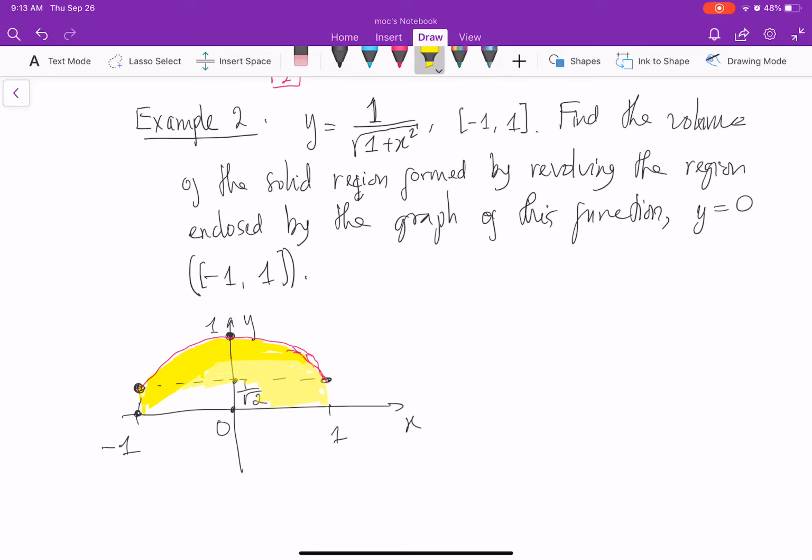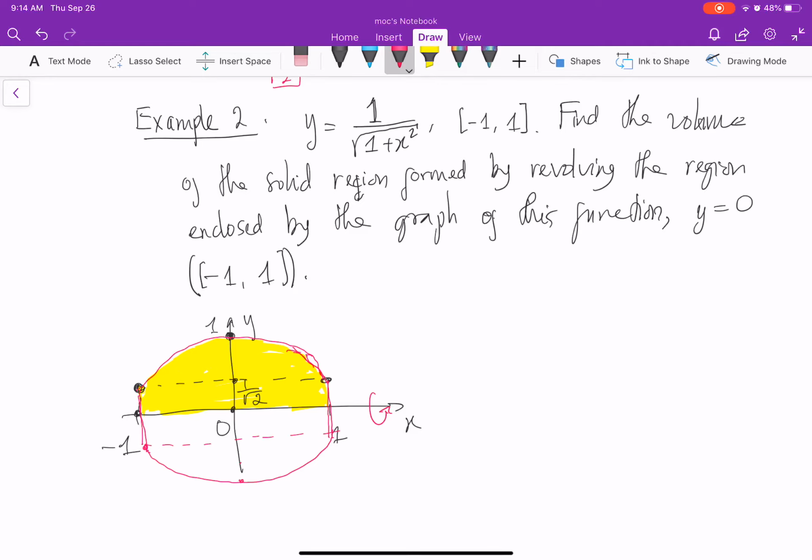And we rotate this region about the x-axis. We rotate about the x-axis, we get some solid region. So our solid region looks something like this. And this is 1, so I get something like this. And we need to find the volume of this solid region.